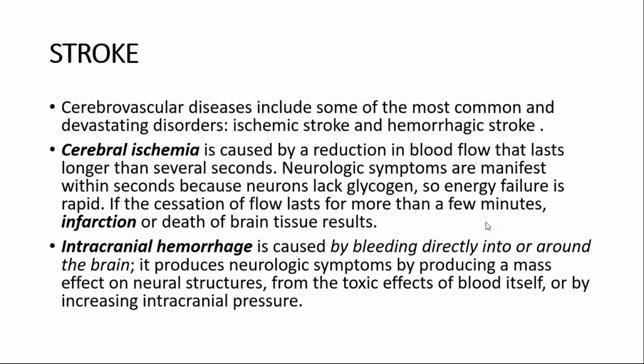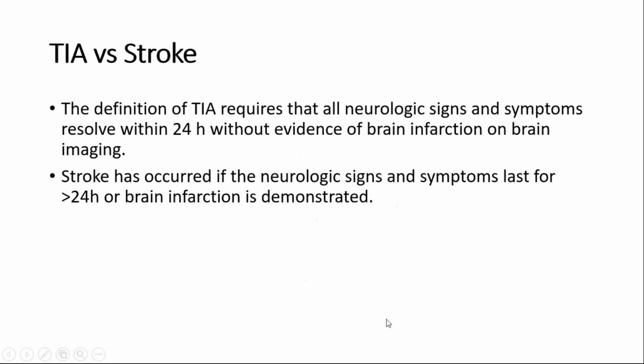But we need to get a CT scan done to rule out hemorrhage, because in ischemic stroke we can thrombolyze the patient, but it is contraindicated in ICH patients. So whenever a patient with hemiparesis or loss of consciousness presents to you in casualty, get a CT scan on a priority basis, which will help us to delineate between the two.